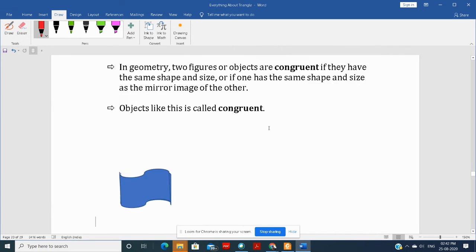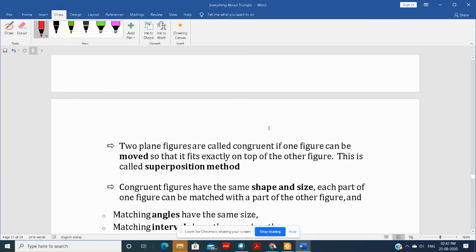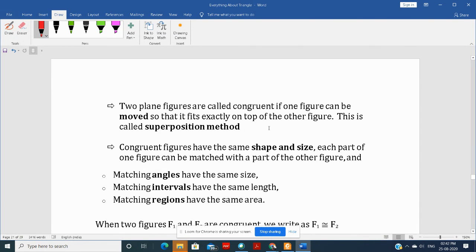Two figures can also be said to be congruent if we move one figure in such a way that it fits on the first one. And this is called the superposition method. So we can say that congruent figures have the same shape and size. They match each other with angles, sides, and even regions.